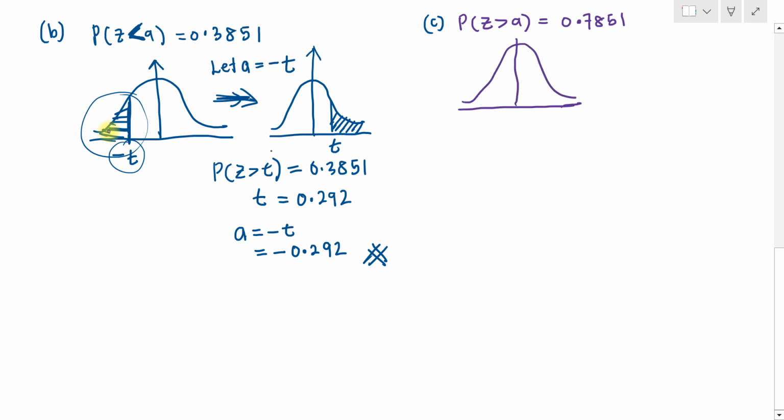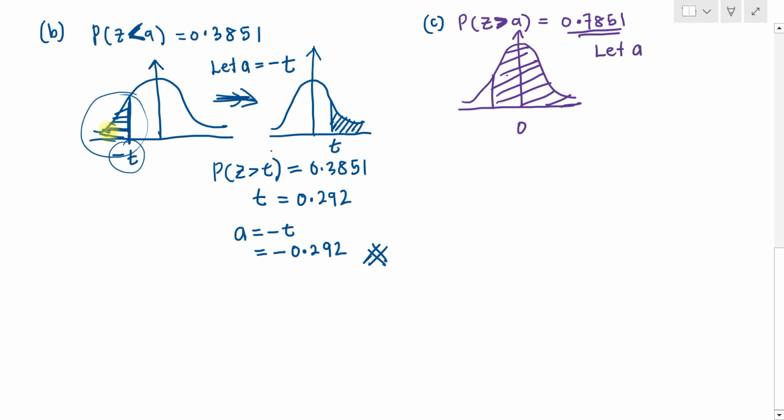In the middle it is 0. Now think. You need to shade the right hand side, because it is greater than, and it must be more than 0.5. So here should be your A, so that when you shade the right hand side, it will be more than 0.5. Correct or not? So it is on the negative side, right?